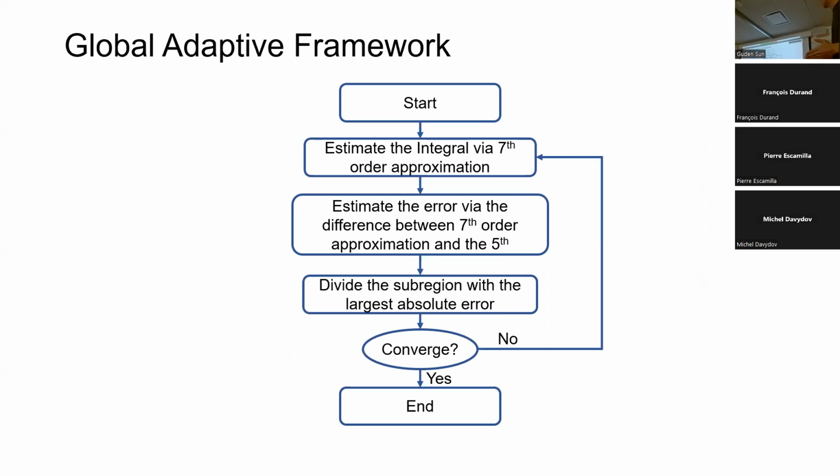Then you estimate the error of this cube. If you're not happy with the accuracy of this cube, you divide this cube into smaller cubes and repeat this until it converges, like Newton's integration rule in one-dimensional integration.